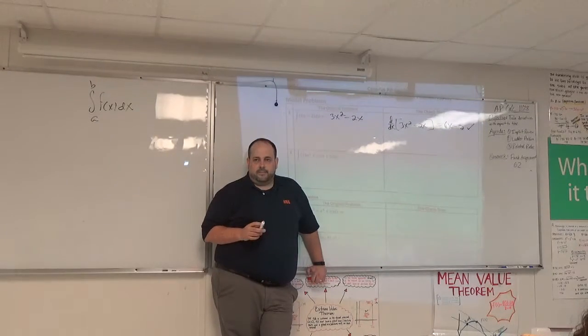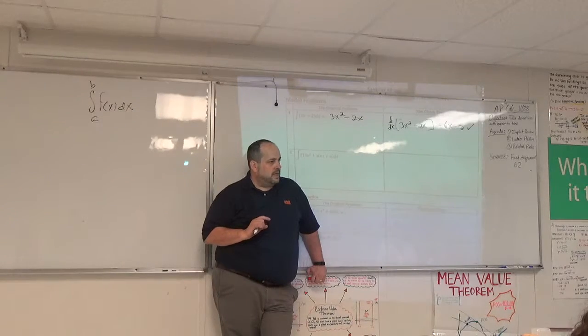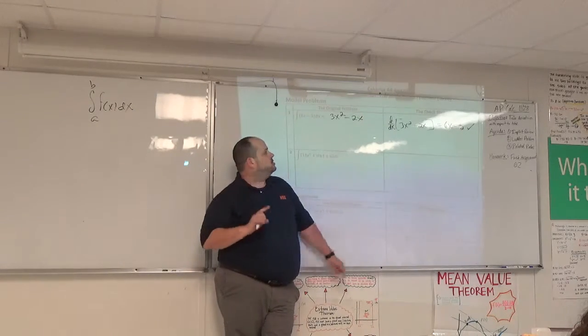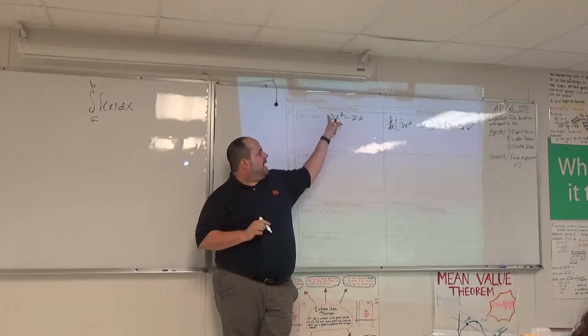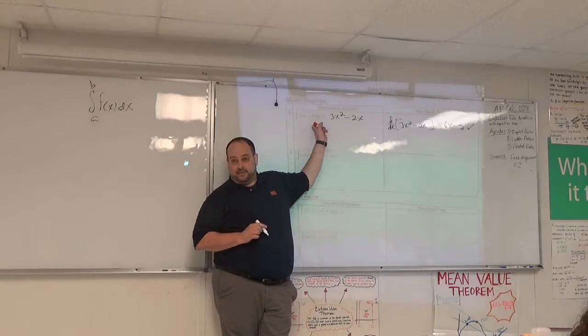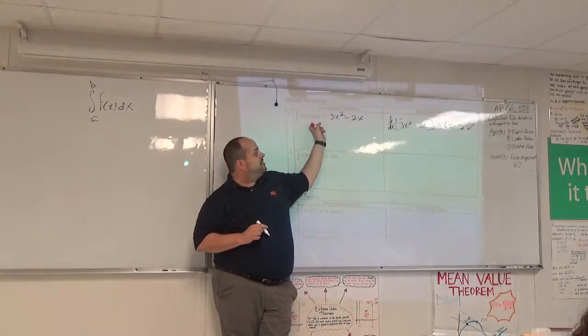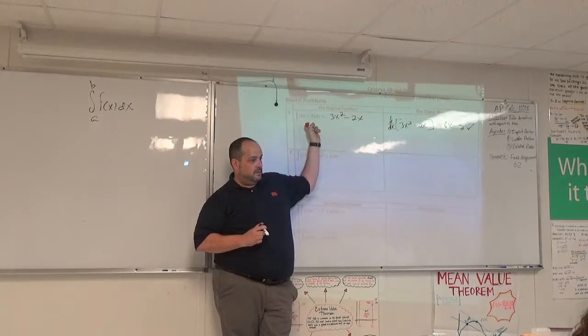Now here's the thing. That is one answer. There are other functions that have 6x minus 2 as the derivative. Not 2x cubed, because my goal is to get to 6x. Anybody know of another function that has 6x minus 2 as its derivative?